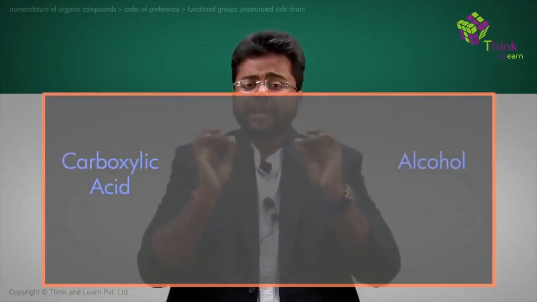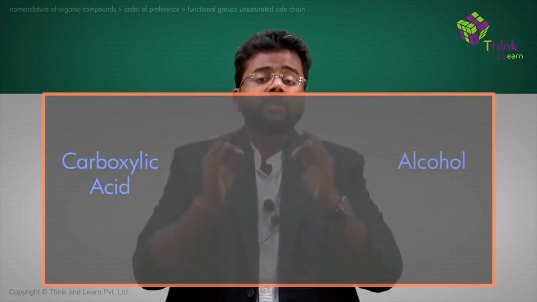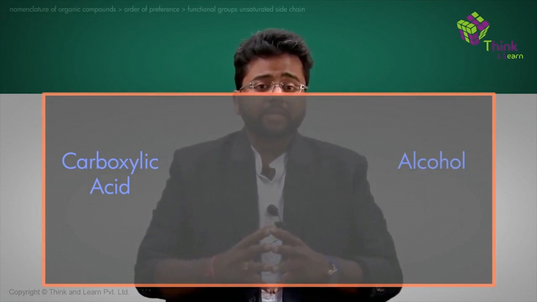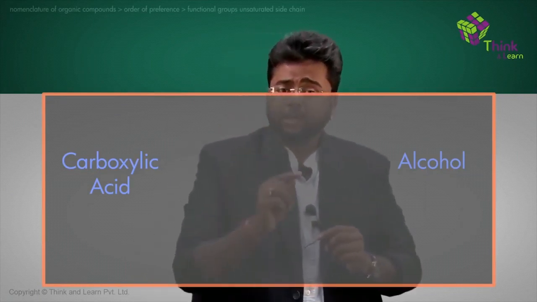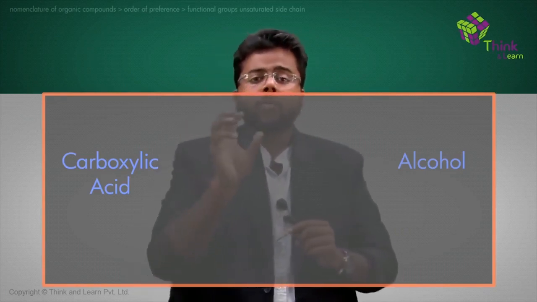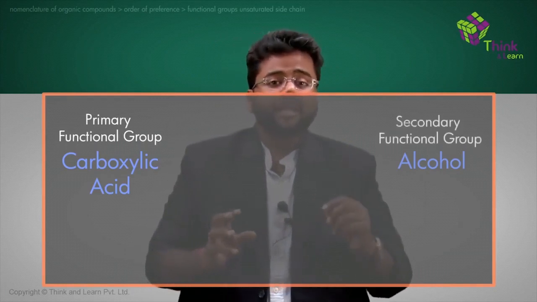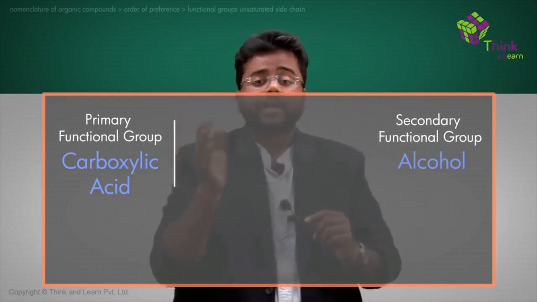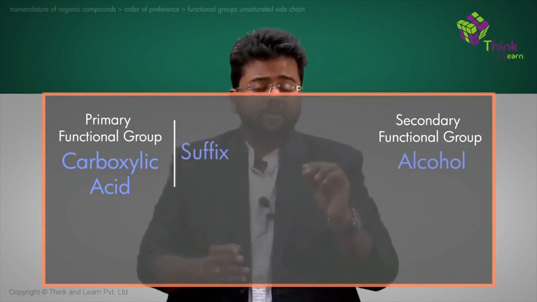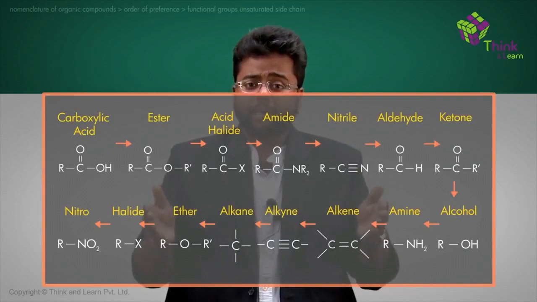According to the reactivity series, which is also called the priority series, the functional group with a higher priority would be called the primary functional group, and the other one the secondary functional group. The primary functional group would be used as a suffix, and the secondary functional group would be used as a prefix.